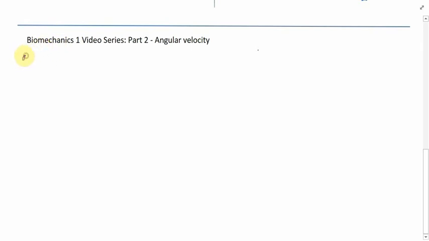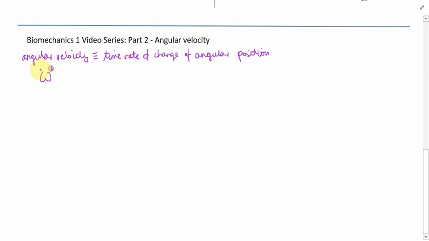By definition, angular velocity can be defined as the time rate of change of angular position, and can be defined mathematically by this Greek letter omega, which is equal to some change in angular position divided by some change in time.